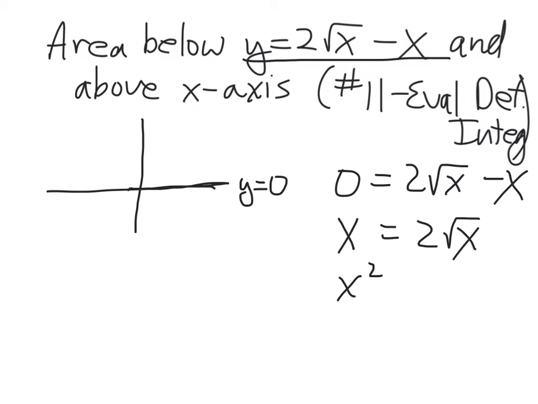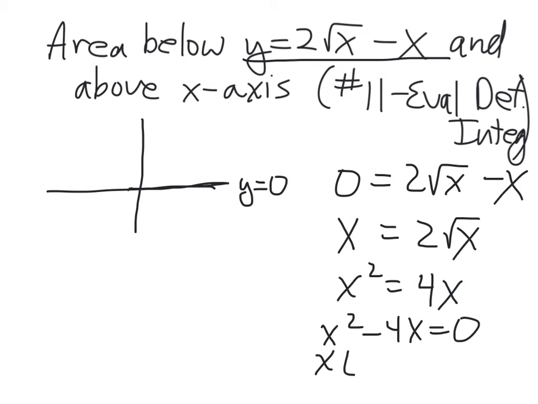So that'll give us x squared equals, now it's not just squaring the square root, but square 2 times square root of x. Okay. And then, well, now we're dealing with a quadratic. So x squared minus 4x equals 0. And from there, factor if possible.